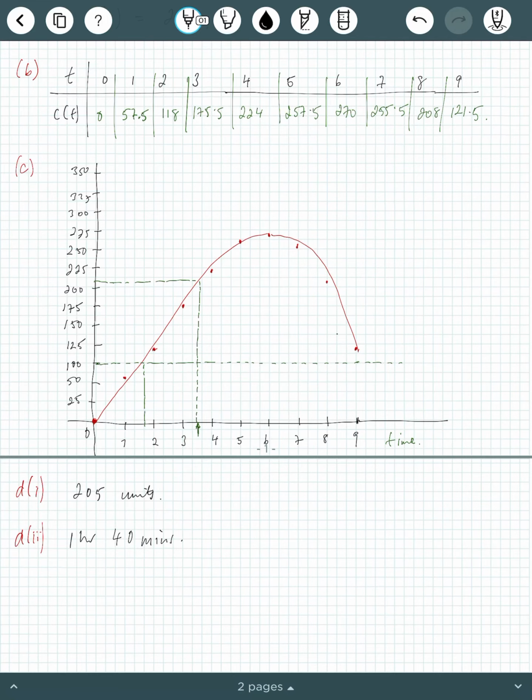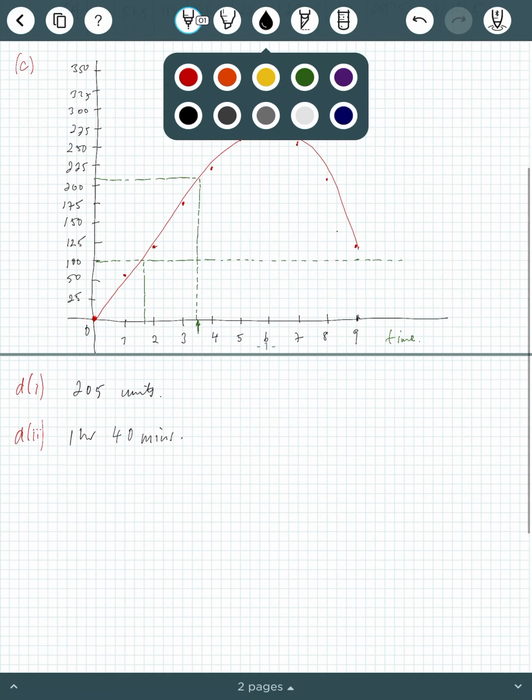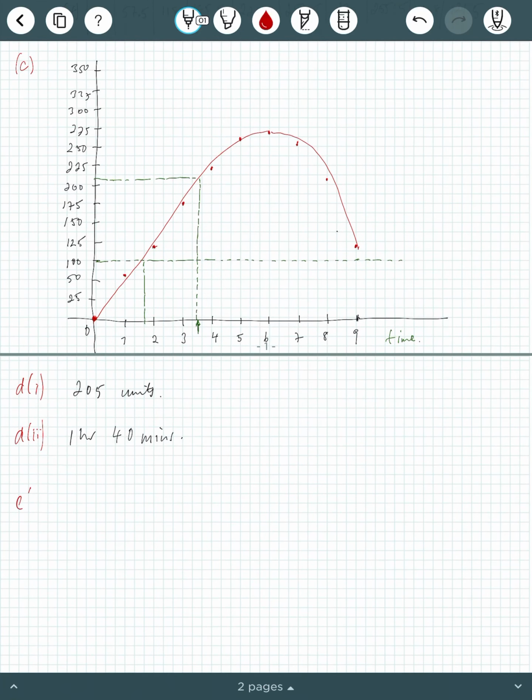Okay, moving on to part E then. So use a drug function to find in terms of t the rate at which the drug amount is changing after t hours. Obviously as the question goes on, lads, it gets a little bit harder.